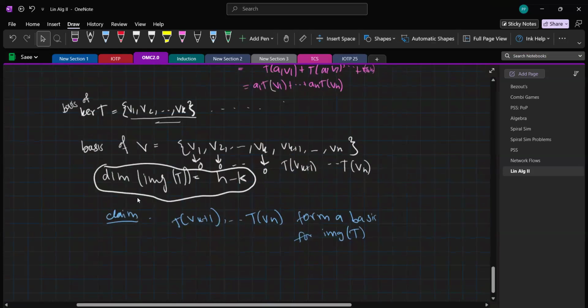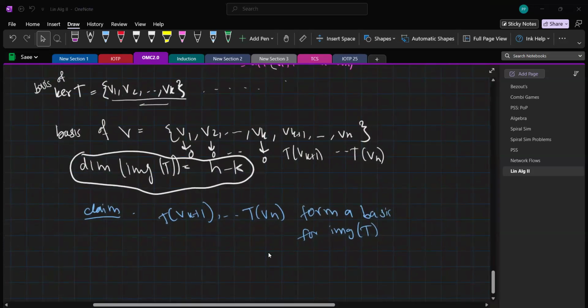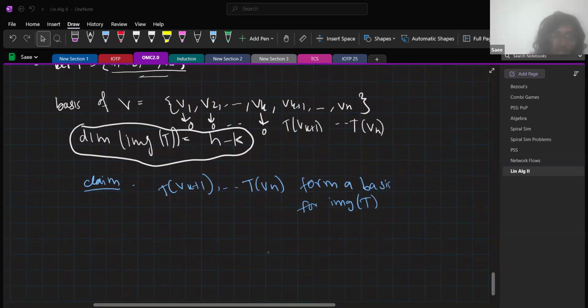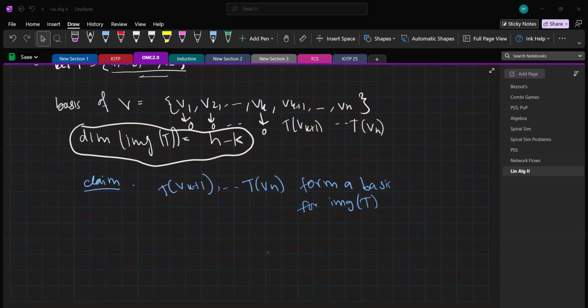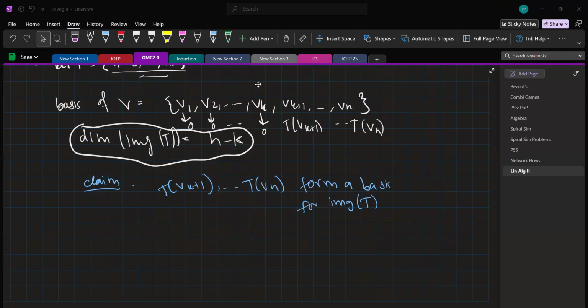Okay. So using Vk plus 1 till Vn, we could form all the non-zero vectors, am I right? What do you mean? All non-zero vectors in which space?